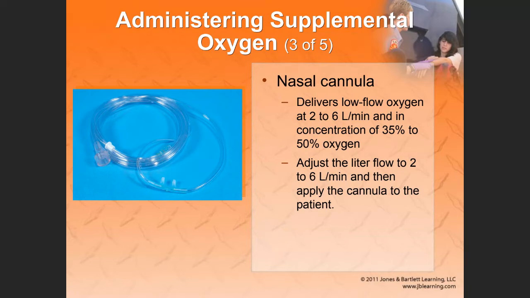If a nasal cannula is going to be used for an extended period of time, then a humidifier is required, because if it's dry oxygen going into the nostrils, it's going to burn. If you're going to use a nasal cannula for a lengthy period of time, it needs to be humidified.